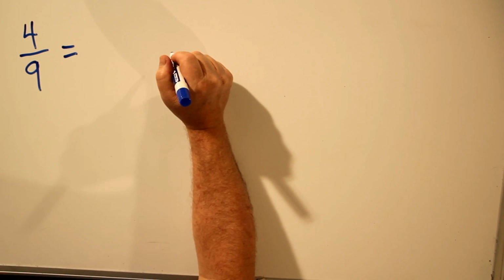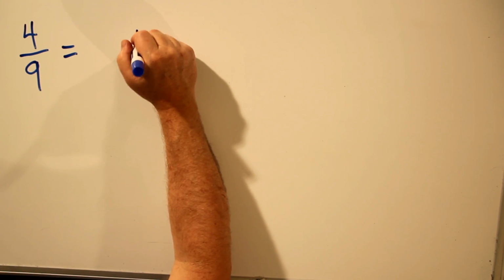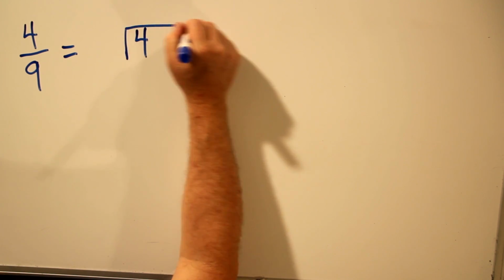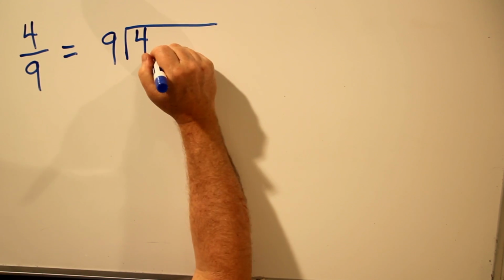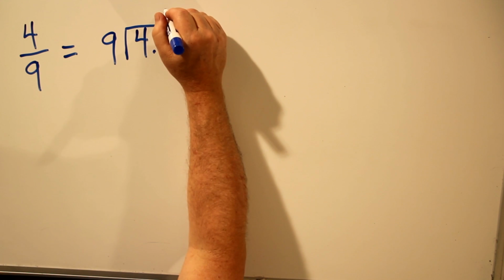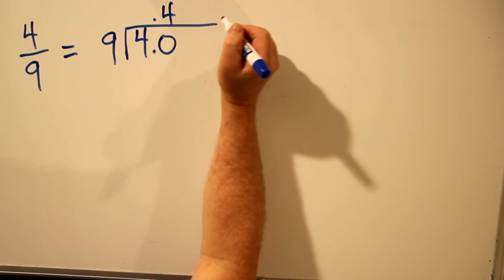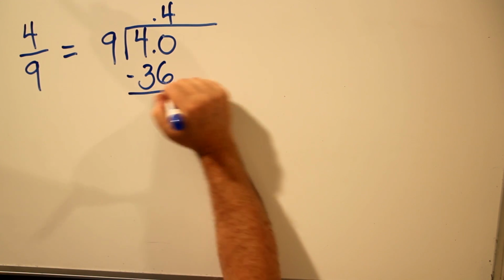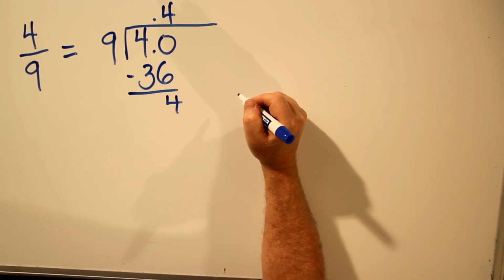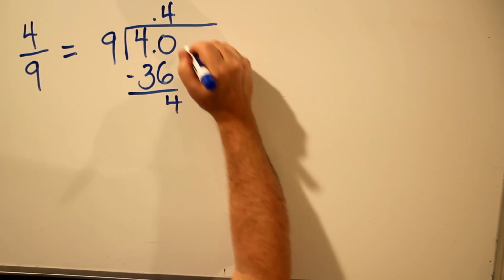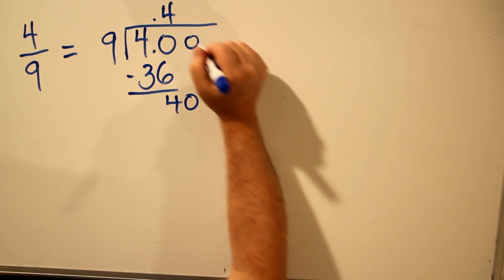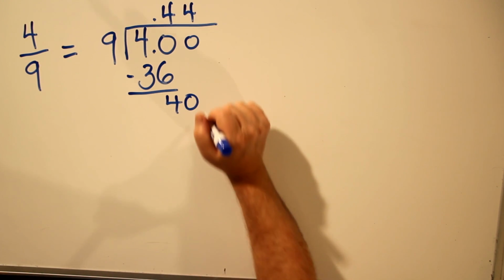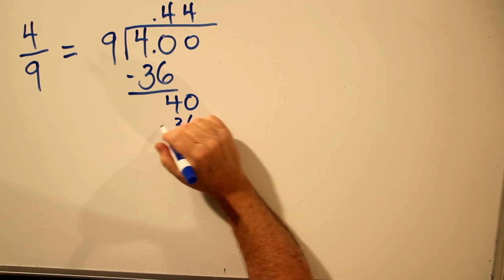When we divide 4 over 9, it's 4 divided by 9. 9 goes into 40 4 times. 4 times 9 is 36. Subtract. Remainder 4. Well, that's what we started with. Another 0. 9 into 40 4 times. 36.